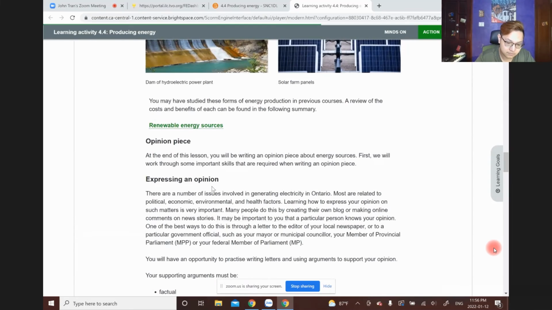Many people do this by creating their own blog, or reading online comments on news stories. It may be important to you that a particular person know your opinion.